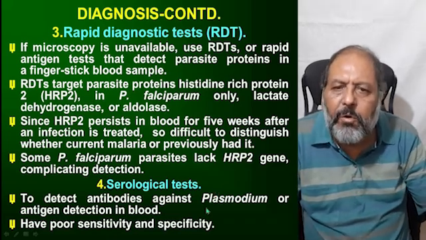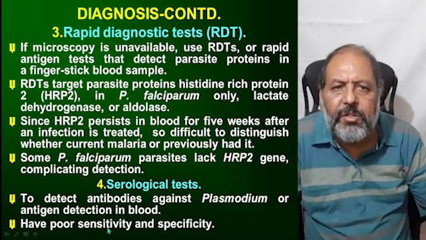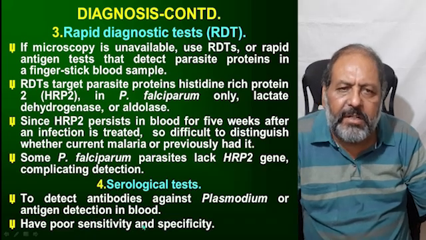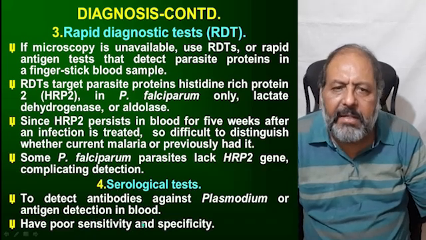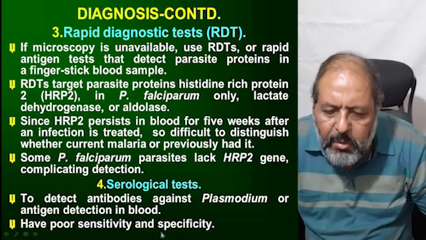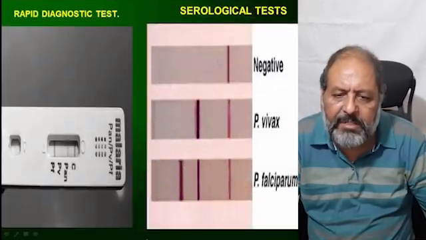Now, number 4 in the diagnosis is the serological test, that is to detect antibodies against Plasmodium or antigen detection in blood, and it has poor sensitivity and specificity.